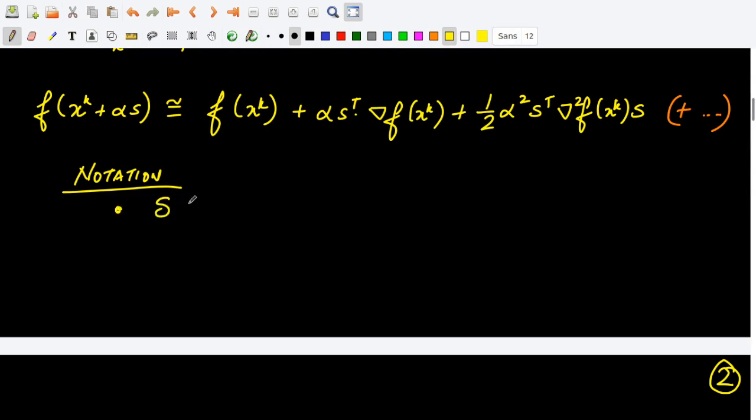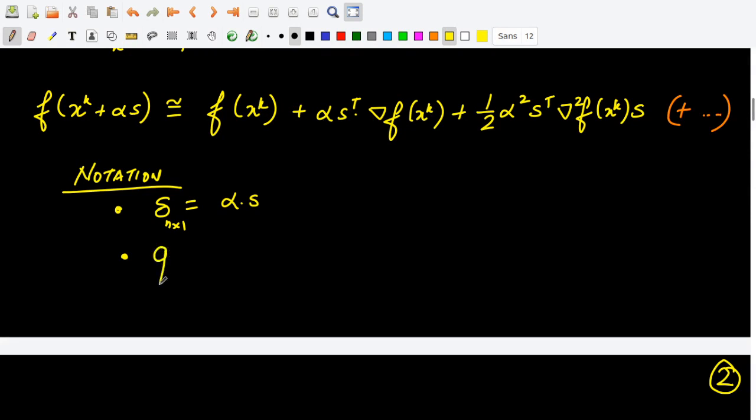We will say delta is equal to alpha times s. This is a vector. So this delta includes both the step length as well as the direction in which we are moving.